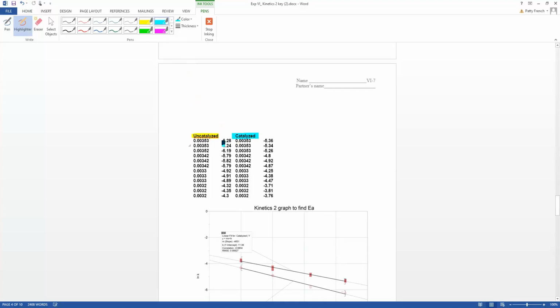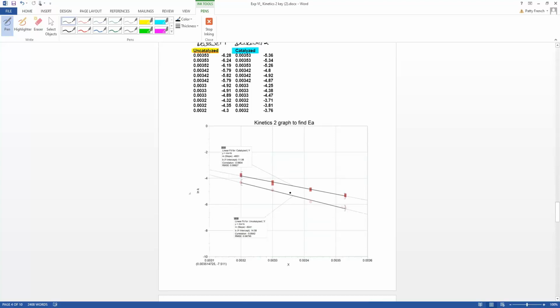And because I had these both in the same data table using data set 1 and data set 2, I could put them both on the same graph. So I was able to compare my catalyzed versus my uncatalyzed. My catalyzed is here on the top. My uncatalyzed is here on the bottom. And you can see the catalyzed has a less steep slope.